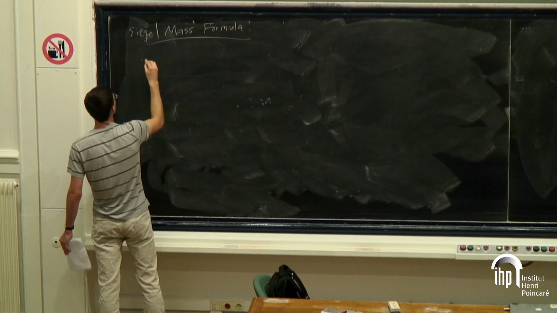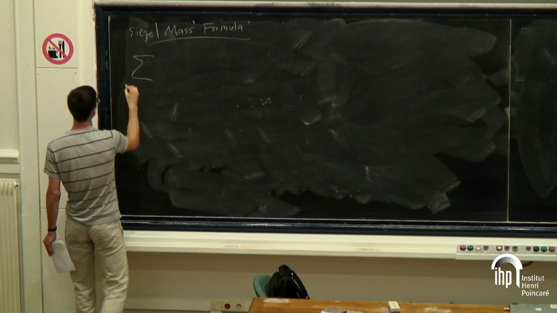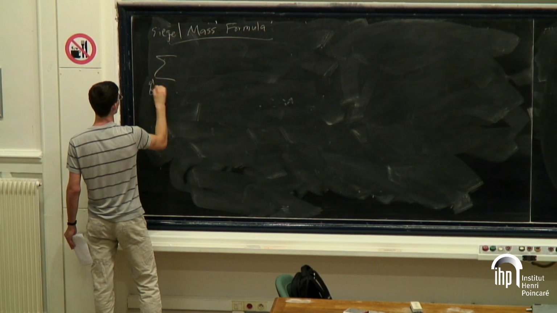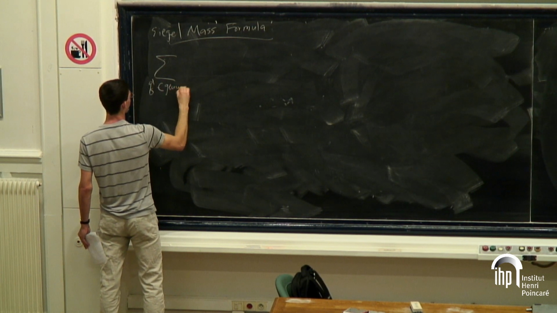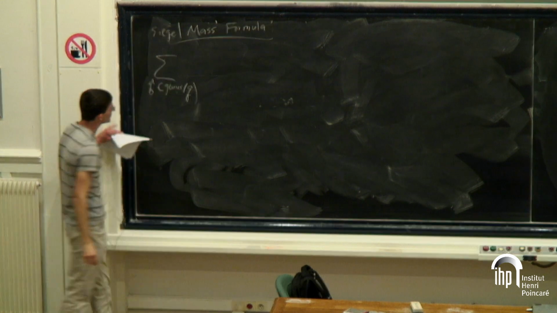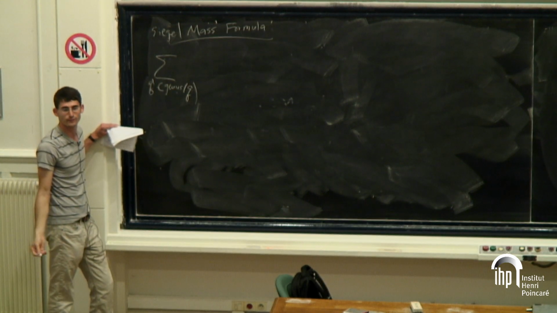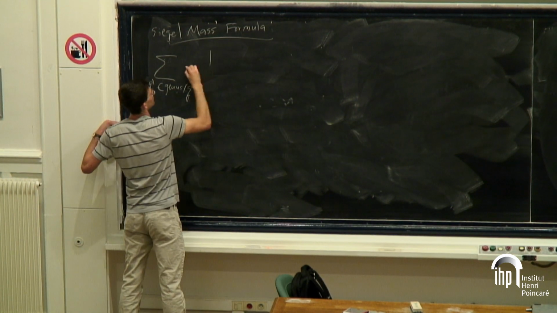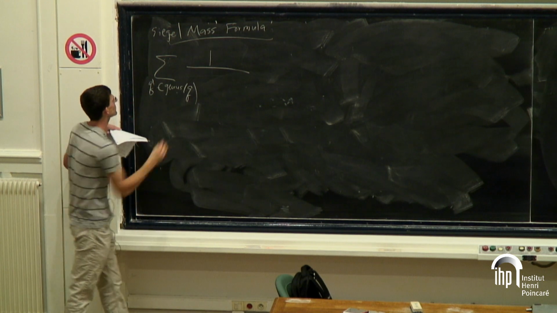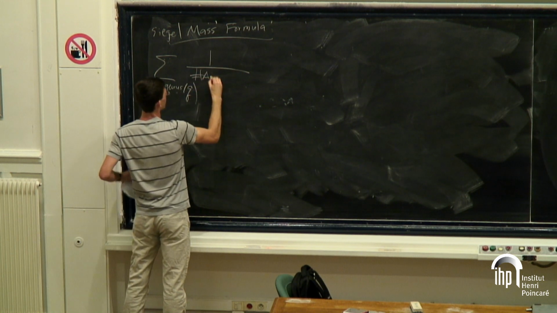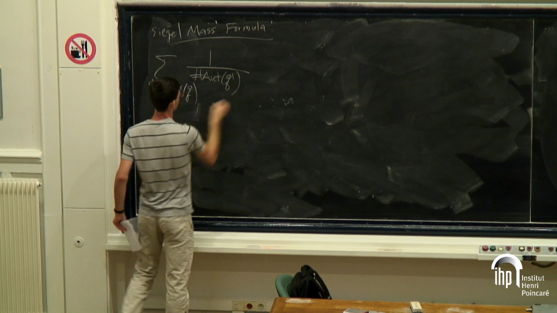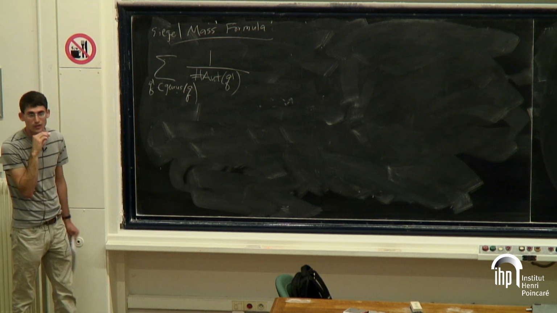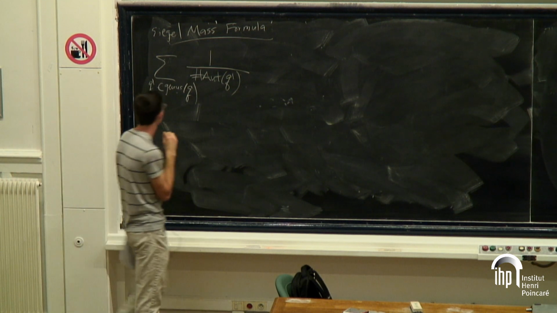So the Siegel mass formula says that if I want to compute the sum over Q prime in the genus of Q, then if I were computing the size, I would just add 1. But this is a weighted, stacky size, so you take 1 over the size of the automorphism group of Q prime, instead of just weighting by 1.